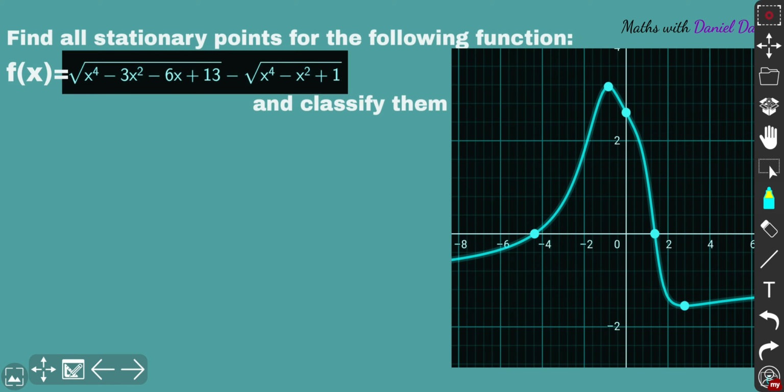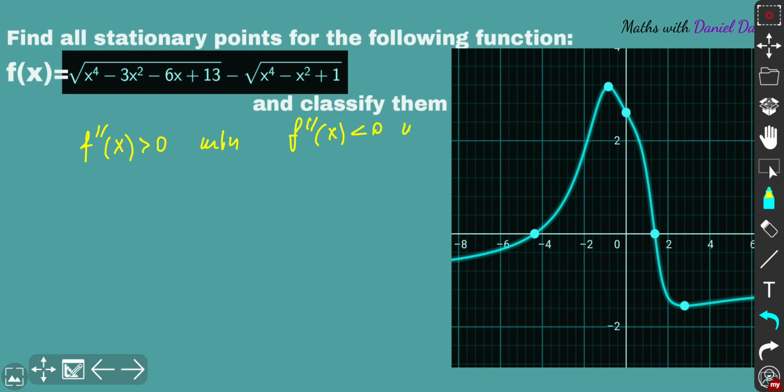Instead of finding the second derivative and exploring f double prime of x, if it is more than 0, in this case we'll have a local minimum, or vice versa, a second derivative less than 0, right? It's going to be a local maximum.